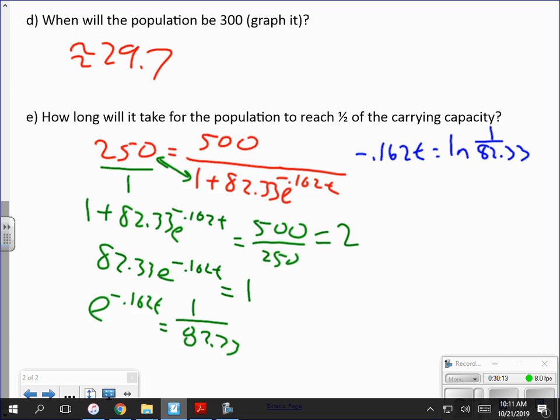That's the one over. T equals the natural log, and this is all one thing, 1 over 8.233, all divided by negative 0.162. And you're thinking, oh, I've got a negative in there. Yeah, but the natural log of a number smaller than 1 is also negative. So you'll get negative over negative, so you will get positive time. 27.2.